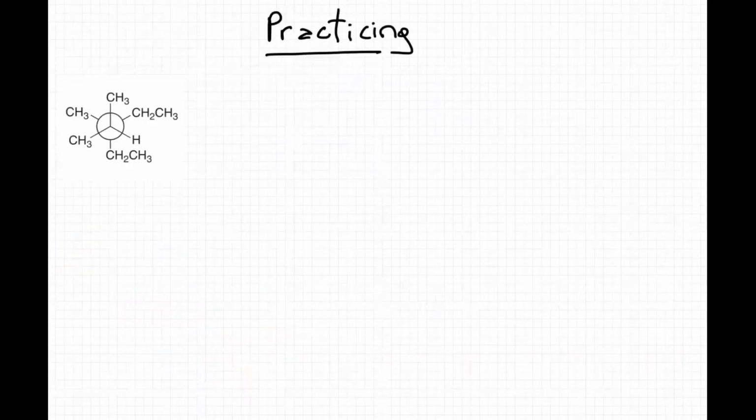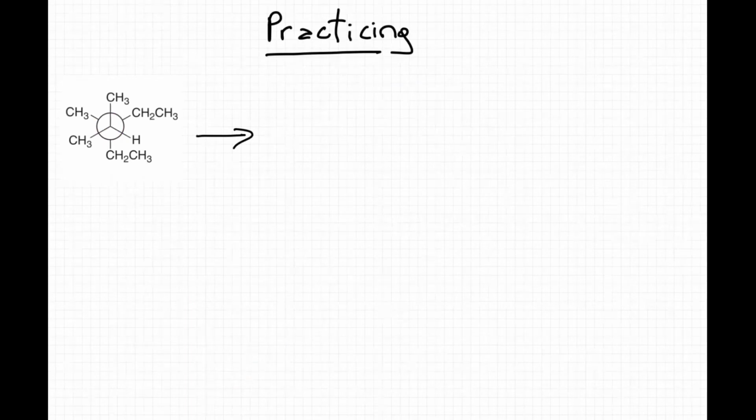Also, we can go in reverse too. So let's say the professor gives you the Newman projection and asks you to draw the line structure of this compound, right? Of this molecule, right? Okay, we can do that. Usually I always like to focus on the front carbon and the back carbon. Okay, so first let me draw a line.